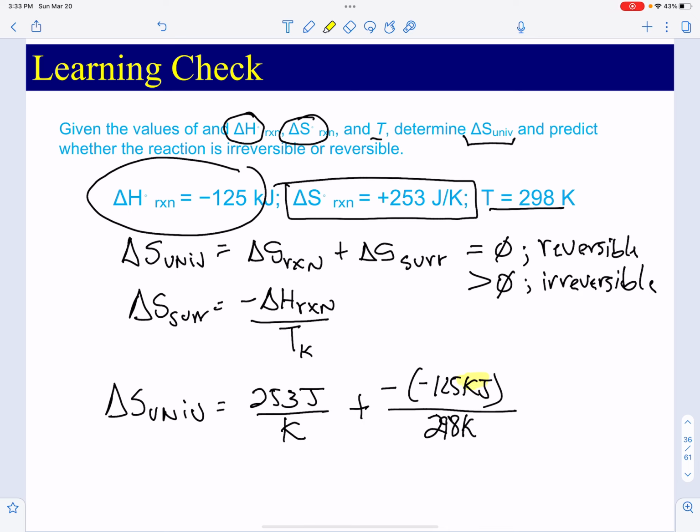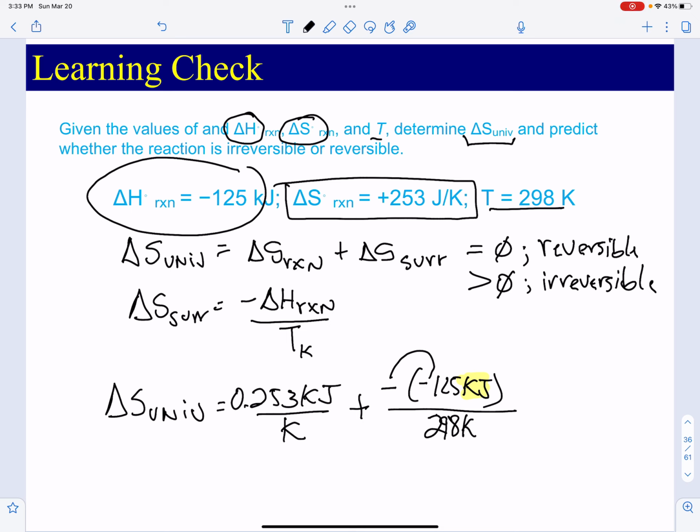Since this is given in kilojoules, let's go ahead and change this to kilojoules, which is just divided by 1,000, right? So obviously, negative times negative is going to be positive. So question is, would it be equal to 0?